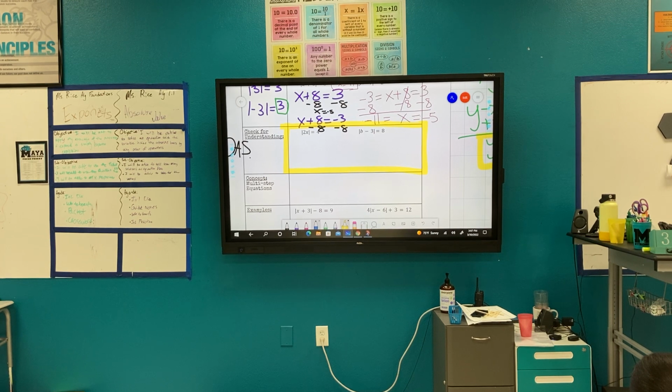That means this could have been the absolute value of negative 5, or it could be the absolute value of 5. I don't know which one it is. So I have to account for both outcomes. Because what's happening is this right here, x plus 7, could equal that negative 5, but it's all still inside the absolute value. So this negative turns into a positive.